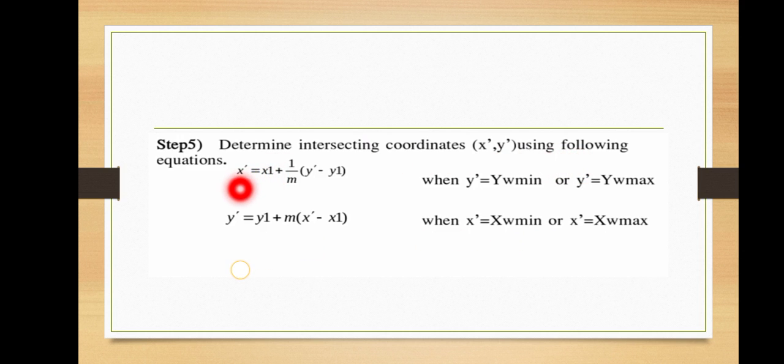When we get y dash equal to yw minimum or y dash equal to yw max, at that time we put that value into the formula: x dash is equal to x1 plus 1 upon m into y dash minus y1.